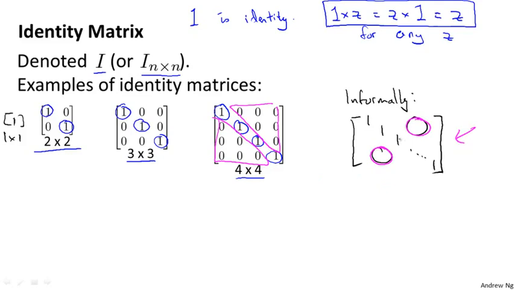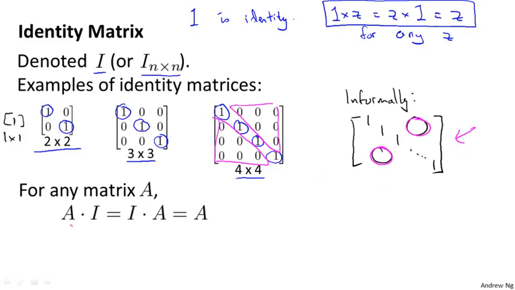So this is just how I might sloppily write the identity matrix. And it turns out that the identity matrix has this property that for any matrix A, A times I equals I times A equals A. That's a lot like this equation that we had up here, right? 1 times z equals z times 1 equals z itself. So I times A equals A times I equals A. Just to make sure we have the dimensions right: if A is an m by n matrix, then this identity matrix here is an n by n identity matrix.